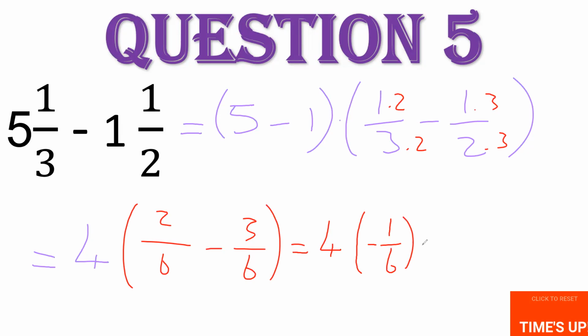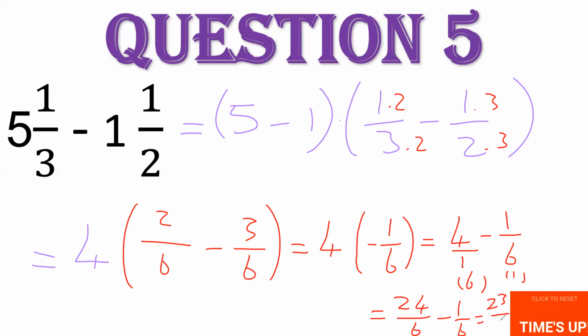So now I have 4 minus 1/6. How can I calculate that? 4 is 24/6, or you can just subtract from 1, it's another option. So 24/6 minus 1/6. My answer is 23/6.